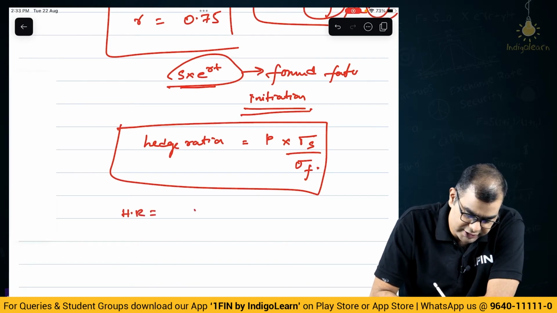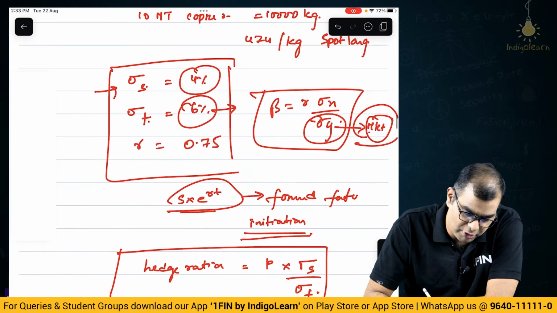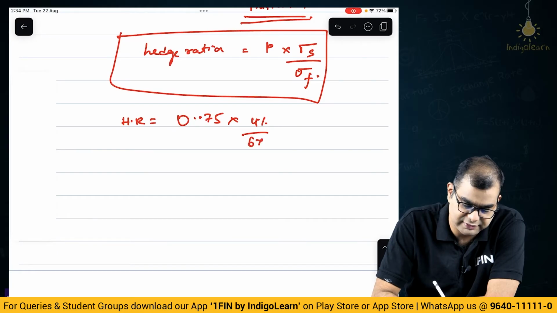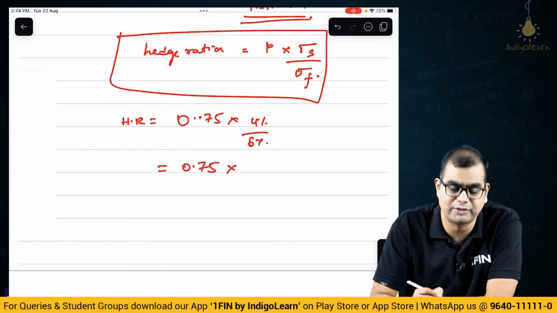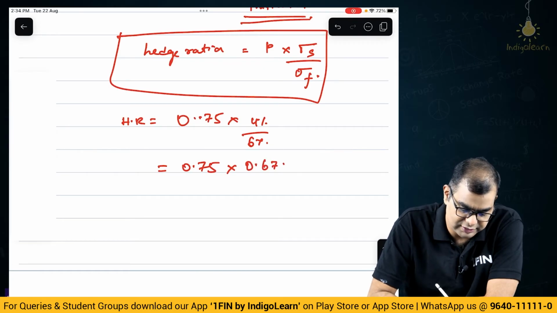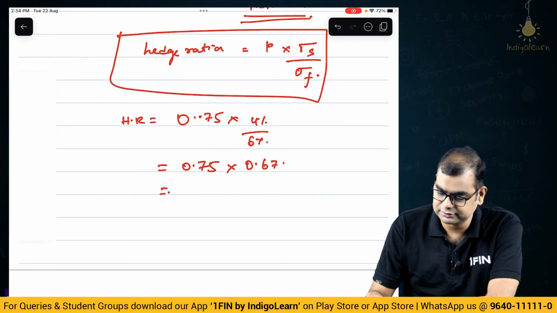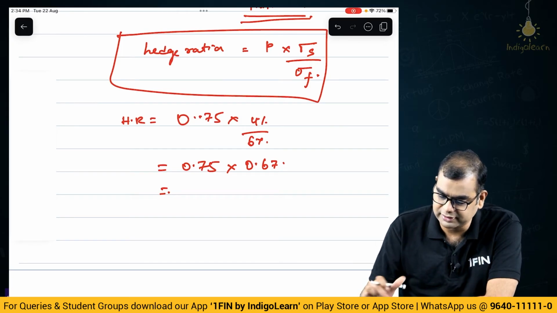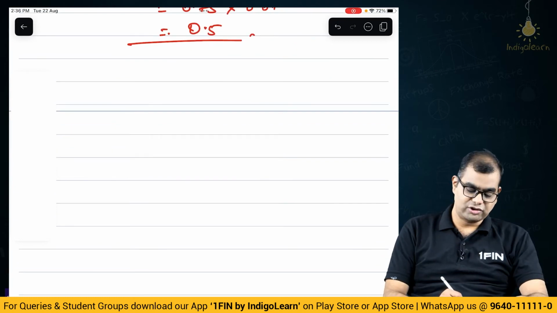Rho is 0.75 into standard deviation of spot, 4%, by 6%. That is 0.75 into 4 by 6, which is 2 by 3, that is 0.67. So 0.75 into 2 by 3 is 0.5. So the hedge ratio is 0.5.